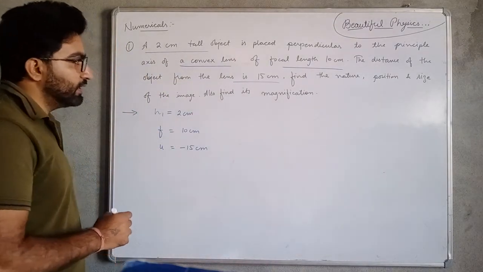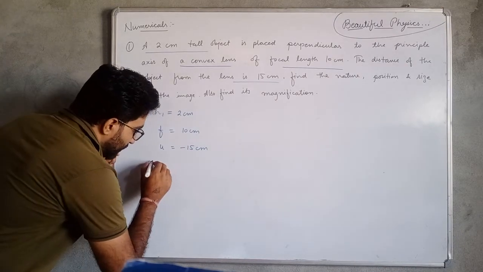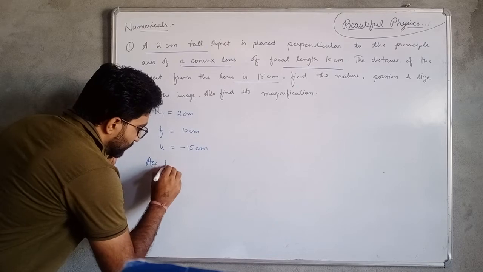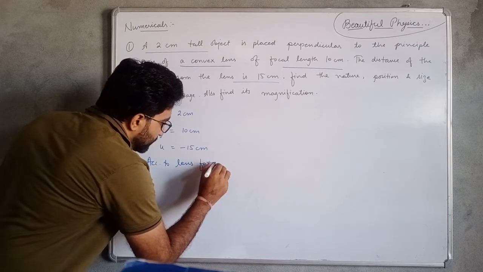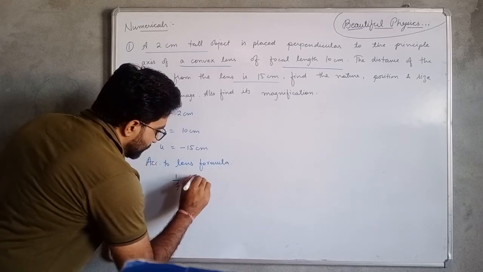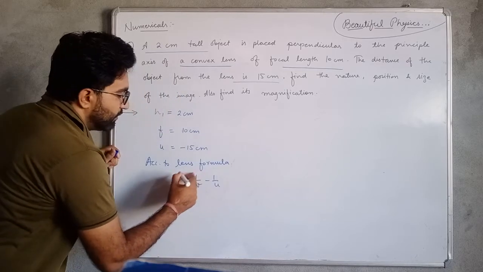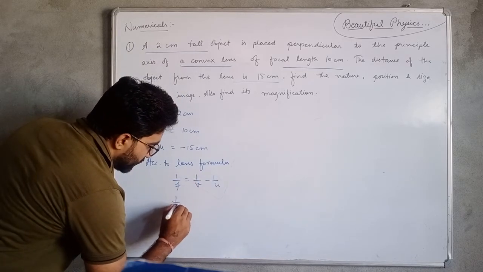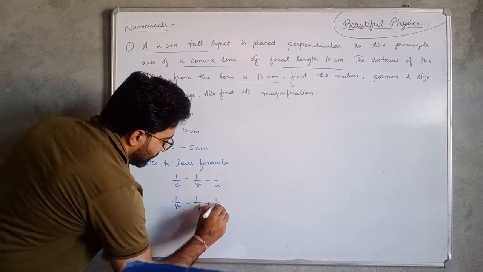So we will apply the lens formula again. According to the lens formula, 1 by f is equal to 1 by v minus 1 by u, and we have to find the value of 1 by v. So 1 by v will be equal to 1 by f plus 1 by u.